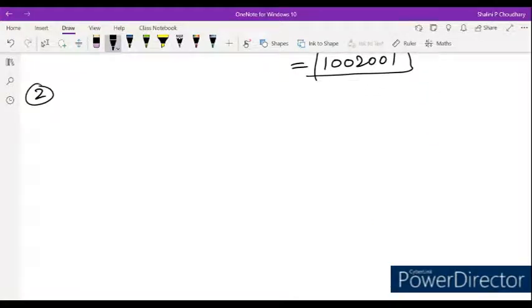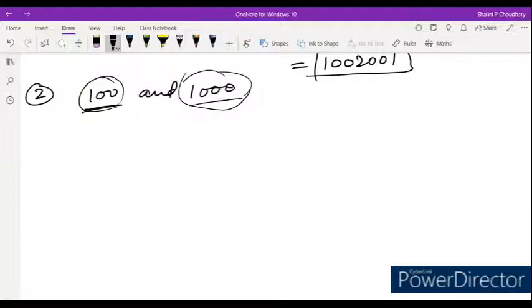In the next question, what we have to find out? We have to find out the sum of all the natural numbers lying between 100 and 1000 that are multiples of 5. Between this and this, it means these both are excluded.